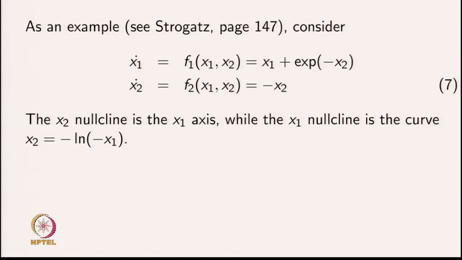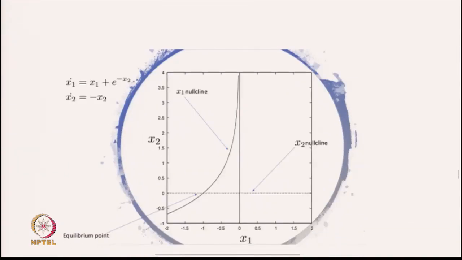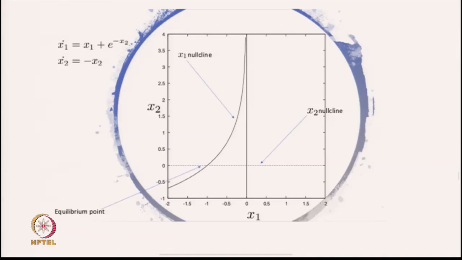Therefore, this curve is not defined on the positive part of the x1 axis, and you can draw it rather simply over here. So, that is your x1 null-cline, and here is the x2 null-cline, which is just the x1 axis, and the intersection of these two curves, that point gives us the equilibrium point for this system.